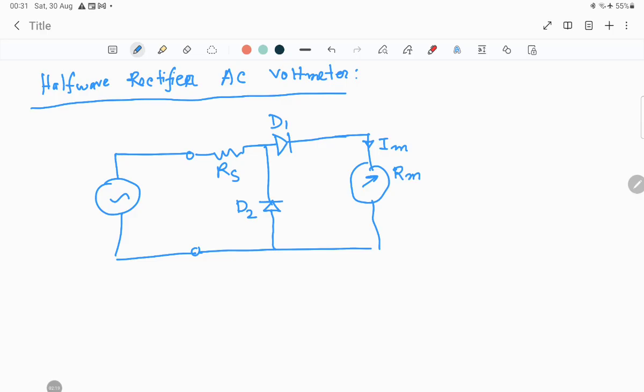Now the main problem of this half wave rectifier, as well as the full wave rectifier, is the non-linearity due to these diode mechanisms.